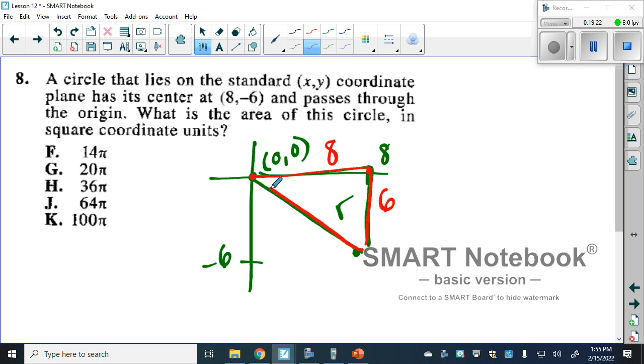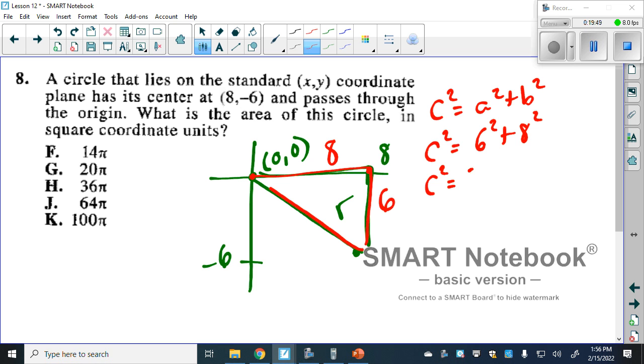Therefore, the distance to the center is, well, this here is actually a Pythagorean triple. Now, one way we can look at it is c squared is equal to a squared plus b squared. Well, a and b are 6 and 8.